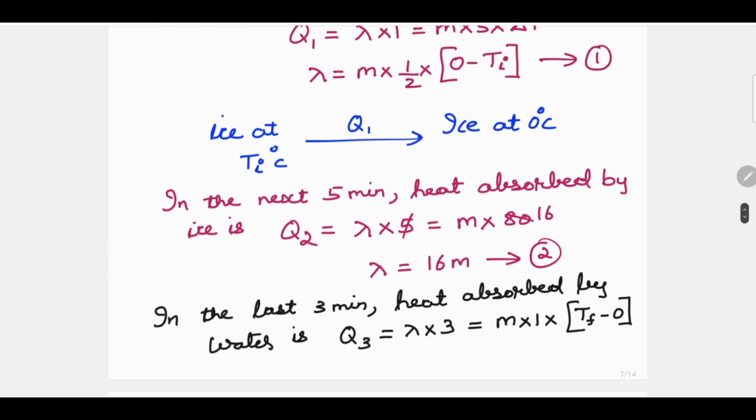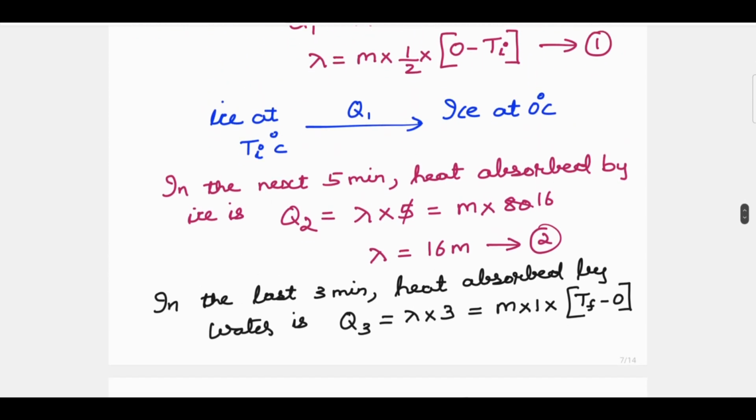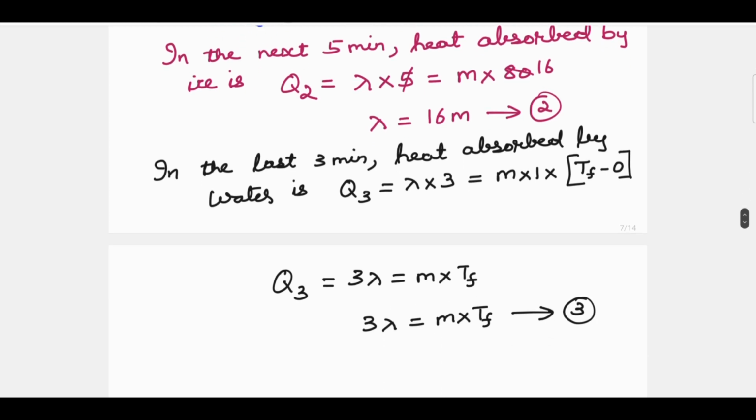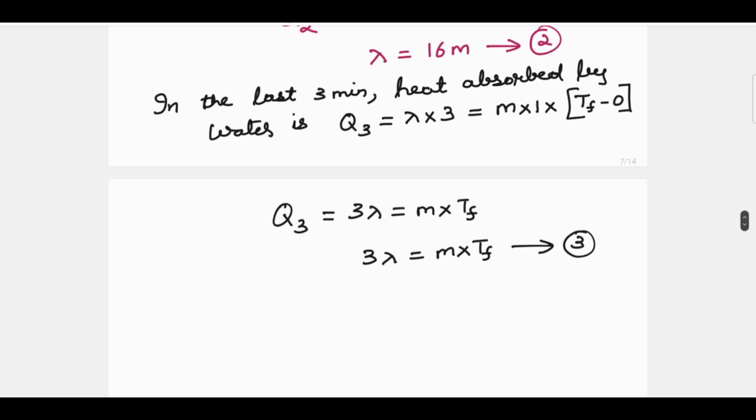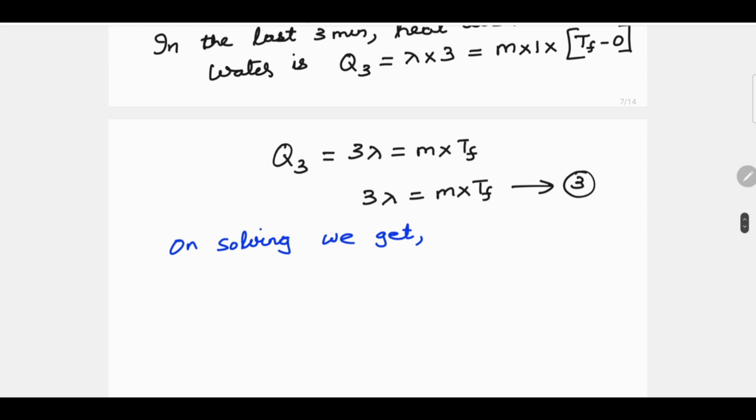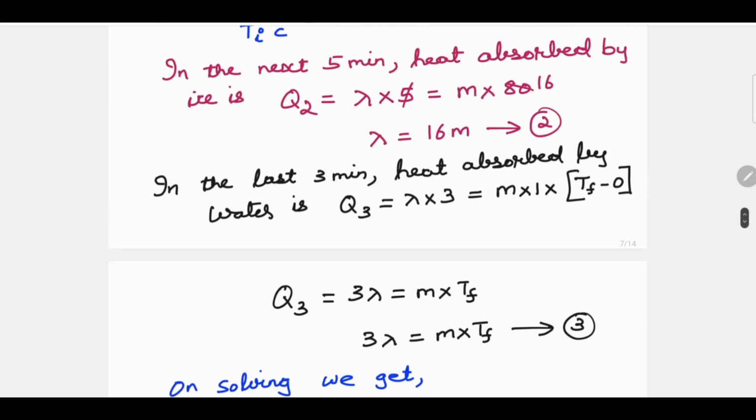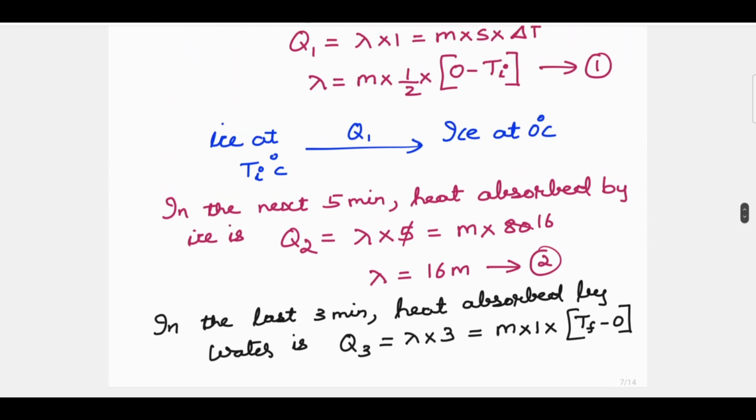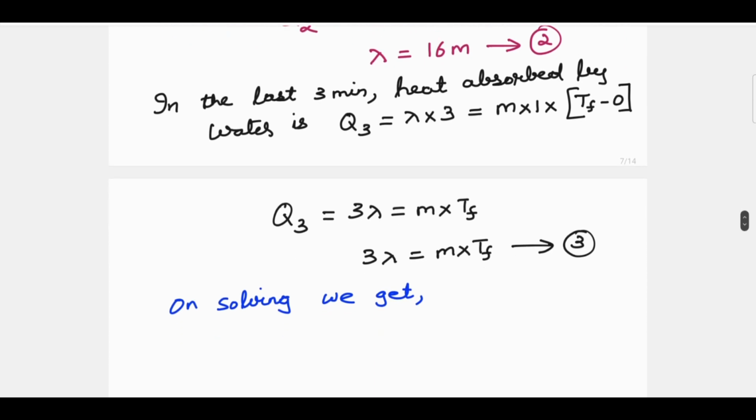So 3 relations we got: equation number 1, equation number 2, equation number 3. Now from these 3 relations, on solving we get... solving means, from equation 1 and 2, left hand side is same, so you can equate right hand side, and using that value you can find Tf.